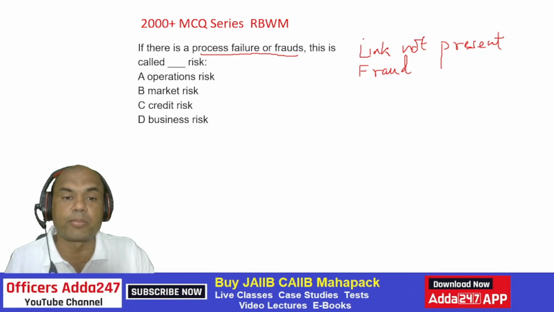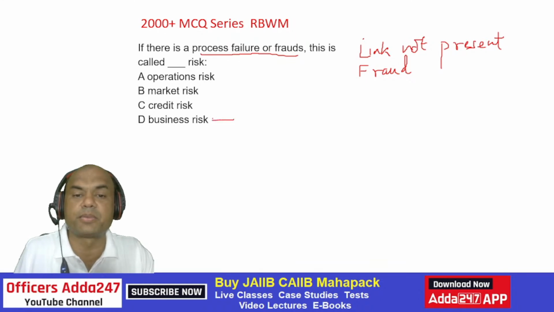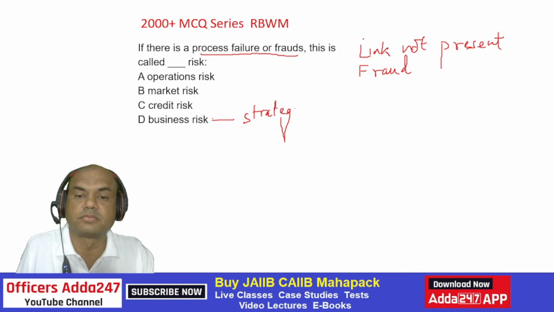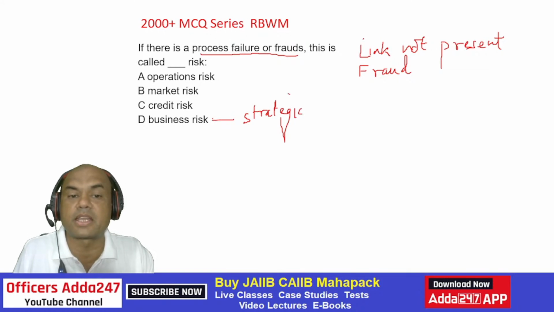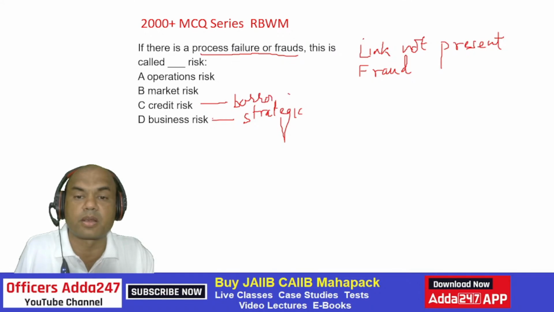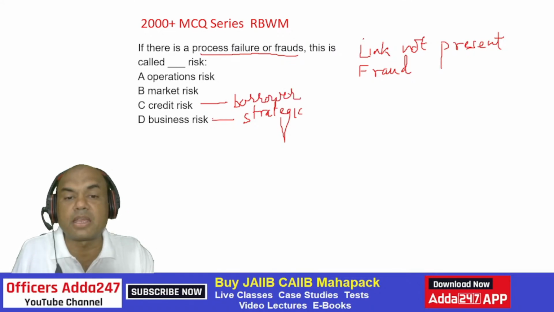So what is this? Operations, market, credit, or business risk? See here, understand, business risk, just now I told you, it is strategic risk. Other name for business risk is strategic. Credit risk, just now we saw. Borrower risk, this is related to borrower. Market risk means what?